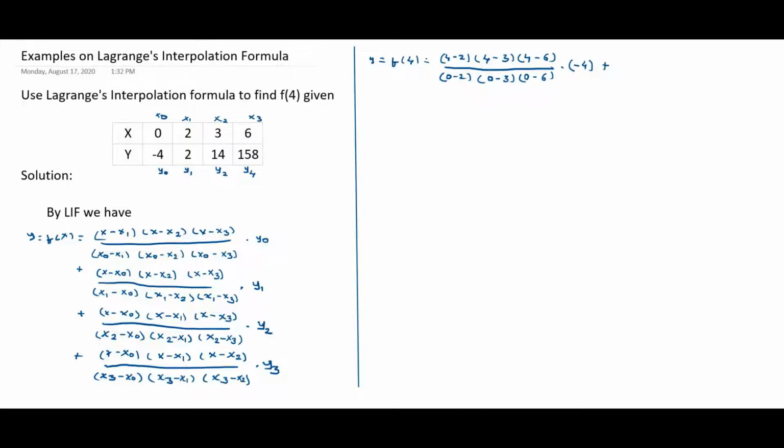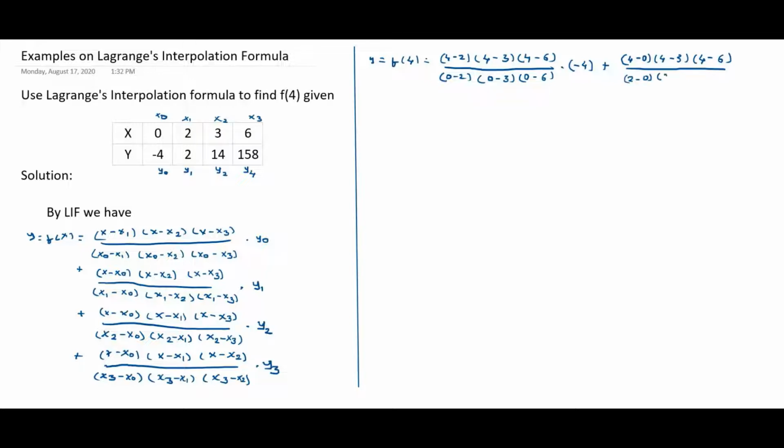Now in second term, x minus x0, x value is 4 minus x0 value is 0, that is 4 minus 0. Next, x minus x2, that is 4 minus x2 value is 3, into 4 minus x3, x3 value is equal to 6, divided by x1 minus x0. x1 value is 2, that is 2 minus 0.